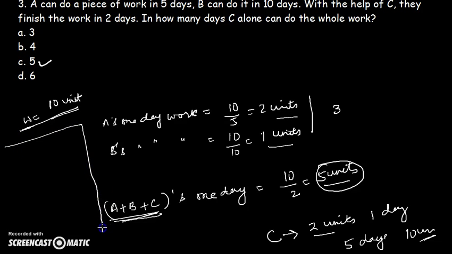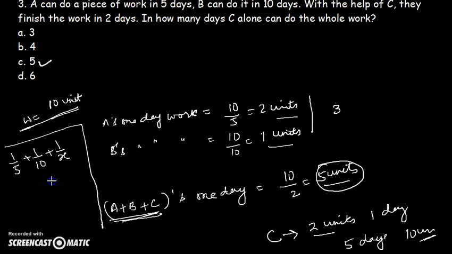There could be a longer method also wherein you can assume the work to be of 1 unit. A's work will be 1 by 5 in 1 day. B's work will be 1 by 10 in 1 day. And C's unit you can take it as 1 by X, assuming C takes X days to finish that 1 unit of work.